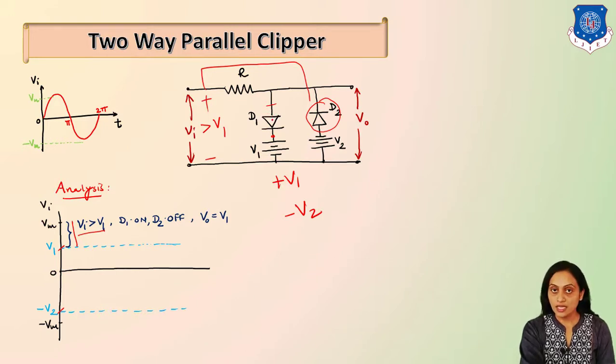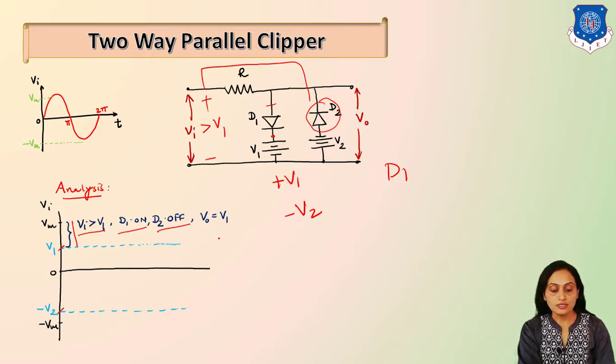So for diode D1, the anode is at a greater potential than the cathode. That is why diode D1 is in forward bias and is on for this particular voltage range, that is Vi greater than V1. And D2 is completely reverse biased, so D2 is off.